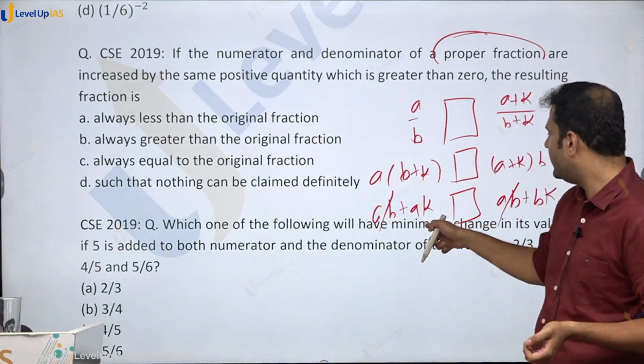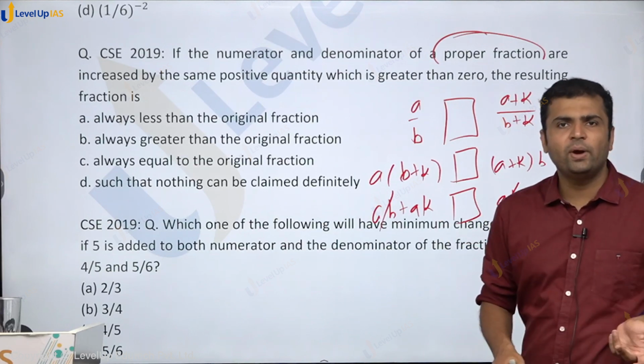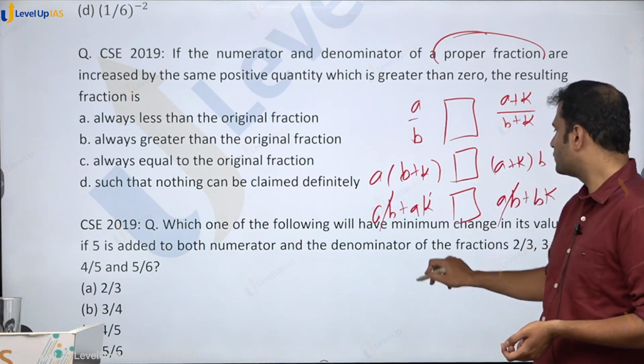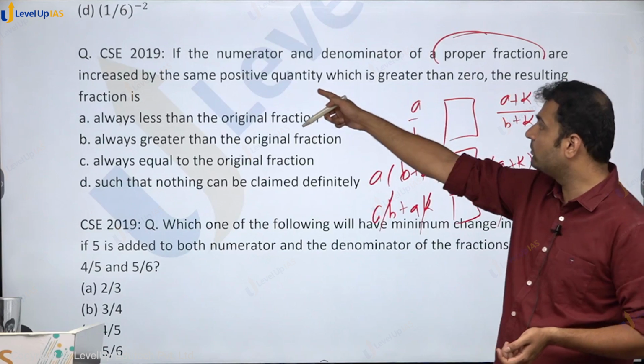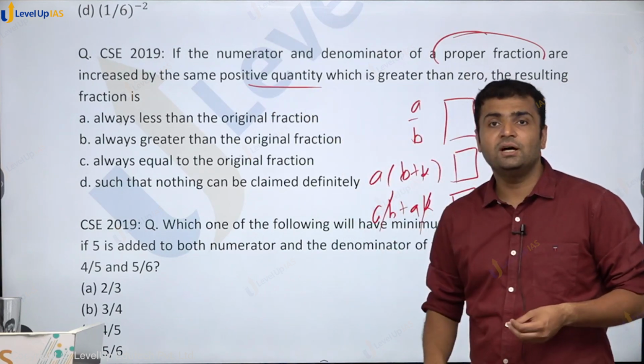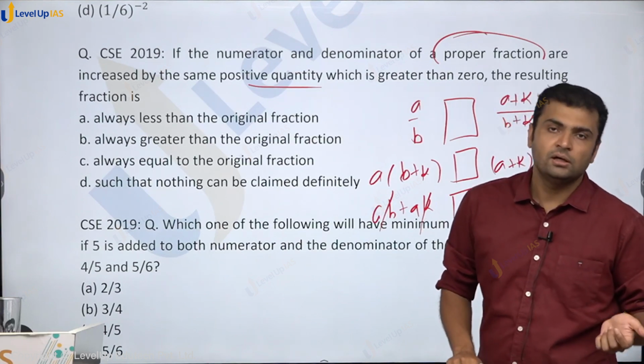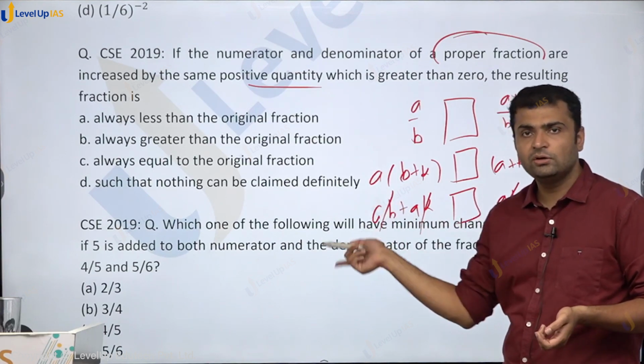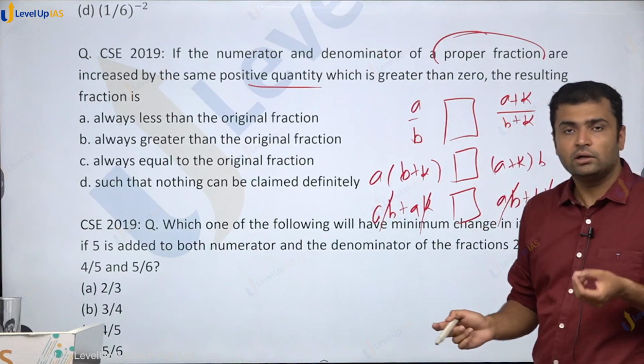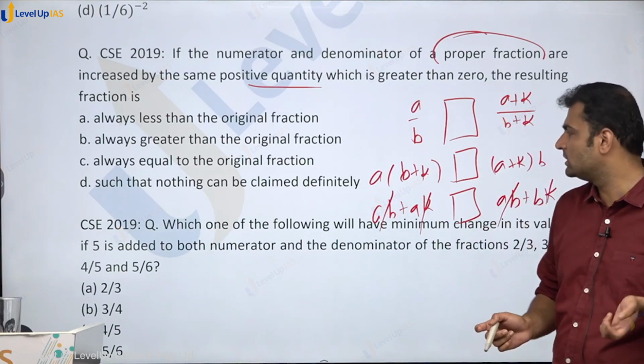And here we have ak, here we have bk. We can divide both sides by k, so k can be cut, and it is given that k is positive. If k was negative, then we would have to reverse the inequality, but k is positive, so we can cut k from both sides without changing the inequality.